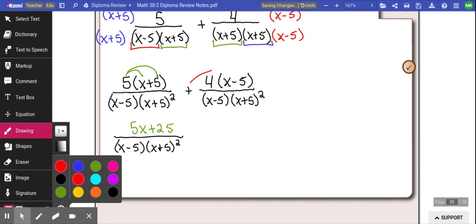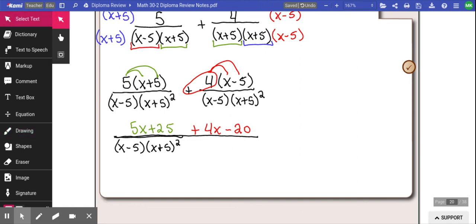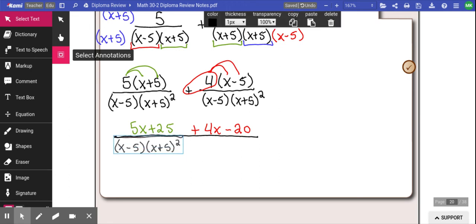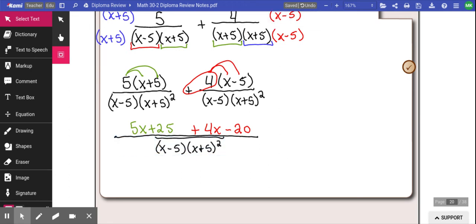The plus 4 will multiply in to become plus 4x minus 20. And I've kind of screwed up my bottom. I don't need to write it twice because I was expanding to write it as one fraction. So I realistically would write it like that.